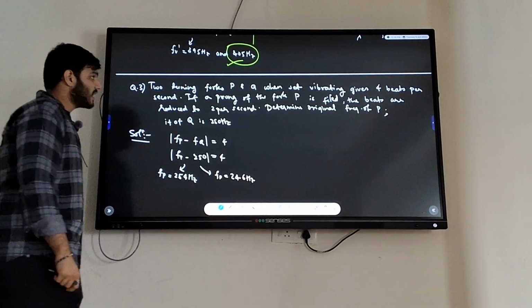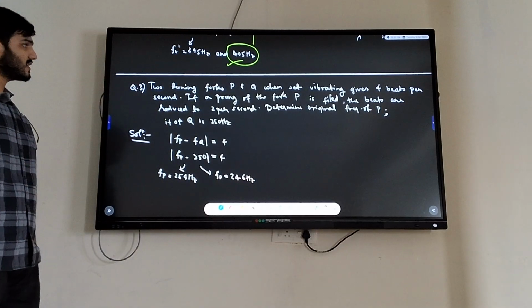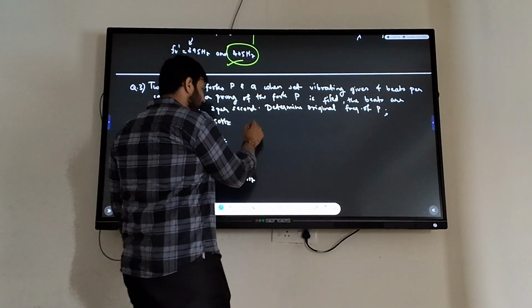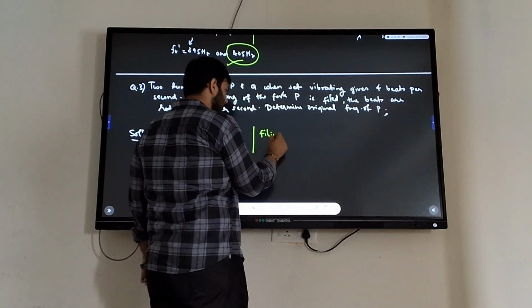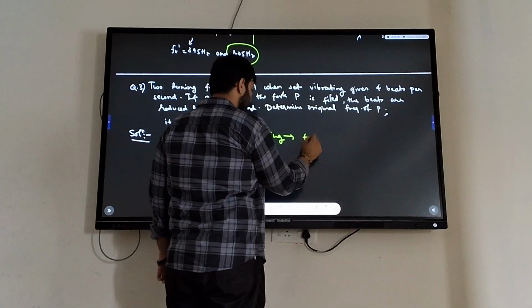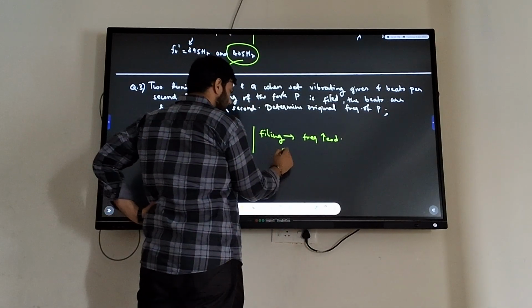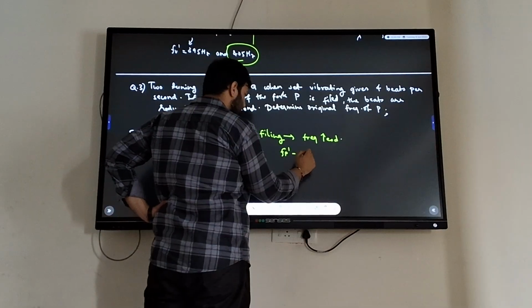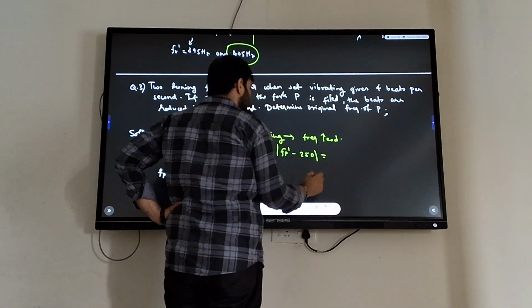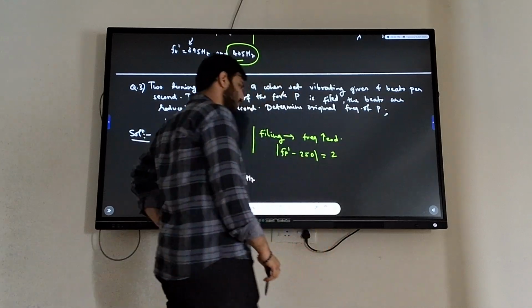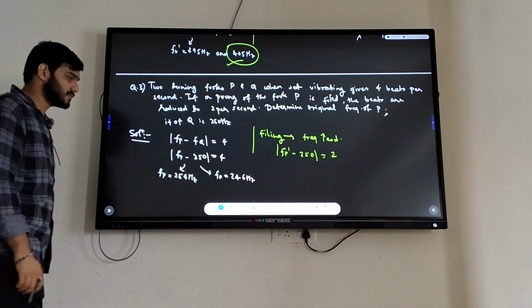Now if the prong is filed, the beats are reduced. So filing means what? That means frequency has increased, and it's given that Fp dash minus 250 should be reduced to 2.